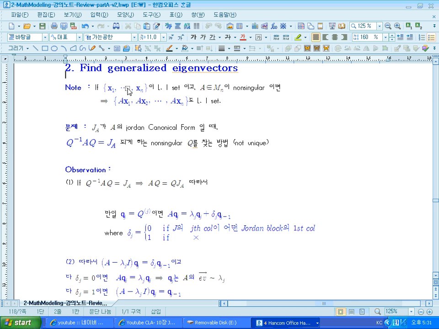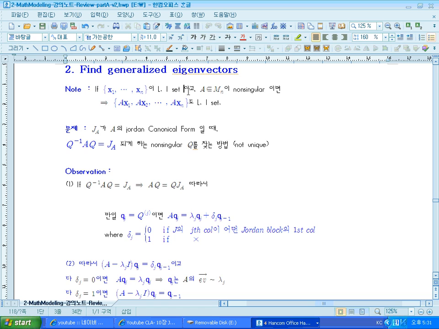So, suppose we have the Jordan canonical form of A first. Suppose we have a matrix A, then we can find the Jordan canonical form by hand or by using any mathematical tool.